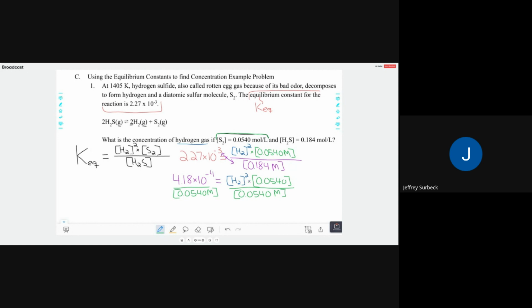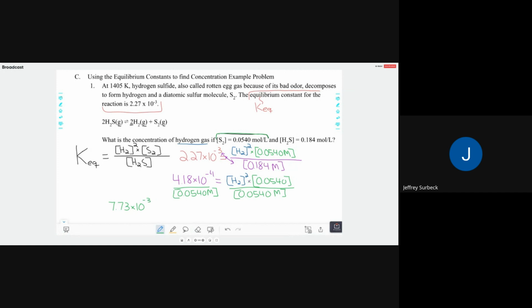So when we do this, I'm actually going to keep the number in my calculator, and I'm going to divide this by 0.054. I get a value for H2 squared. I'm going to write it out to the left to be 7.73 times 10 to the negative third. So we get, again, 7.73 times 10 to the negative third.